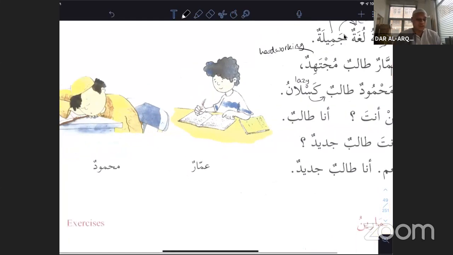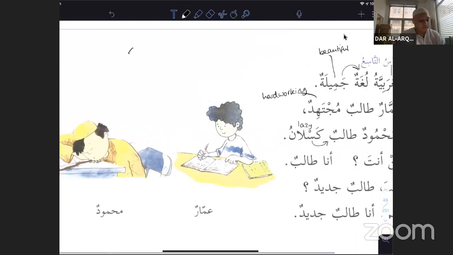Now, let's look at the word kaslan. Kaslanu means lazy. I'm going to give you some more examples of these kind of words. Jaw'an means hungry. Ta'ban, tired, for example.